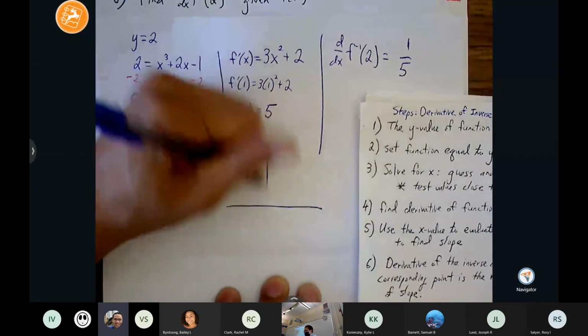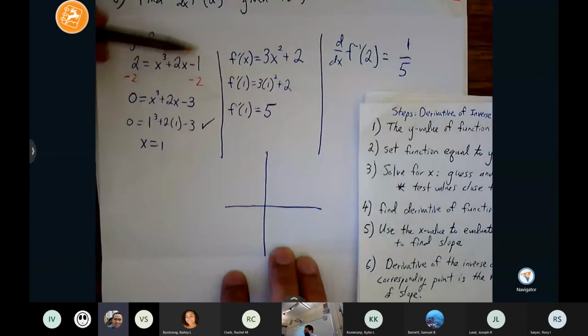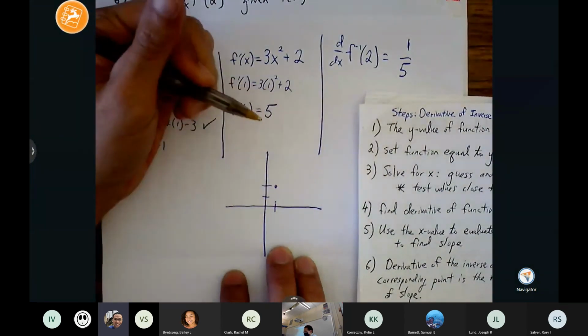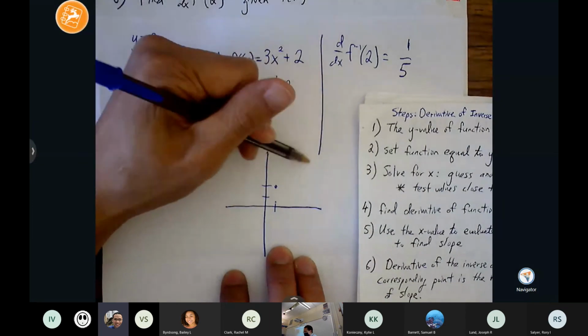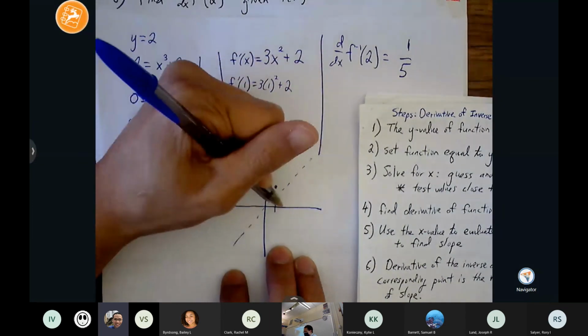So this is what might be happening here. You have ordered pair (1, 2) for the function. And then you have on the inverse side of things (2, 1).